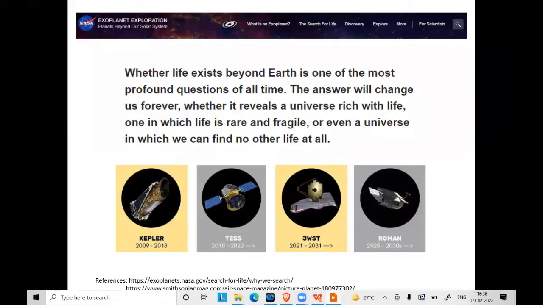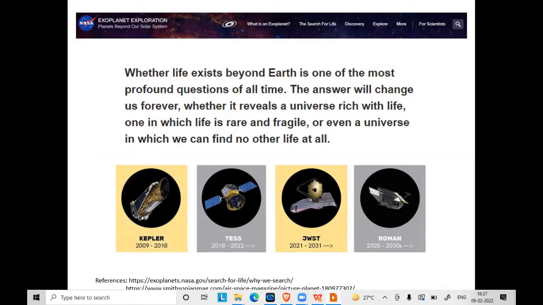Going next. We saw the basic functioning of a telescope, but the next level is this: as you all know, human beings are always curious to know about their existence.